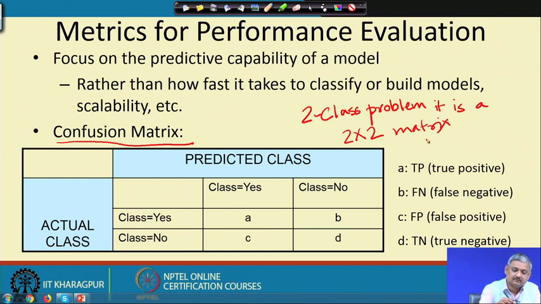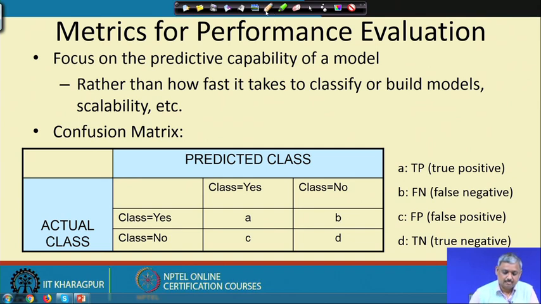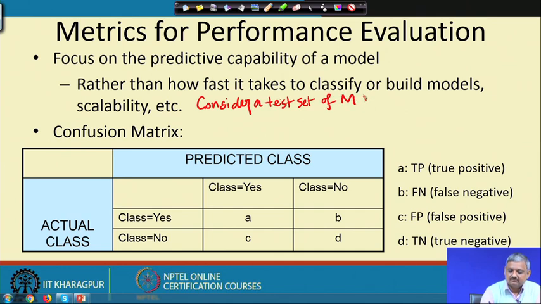I get the matrix in the following way. Consider a test set of m examples whose class labels I know.